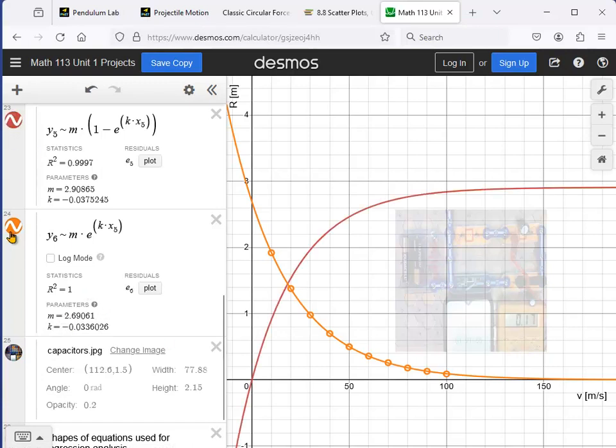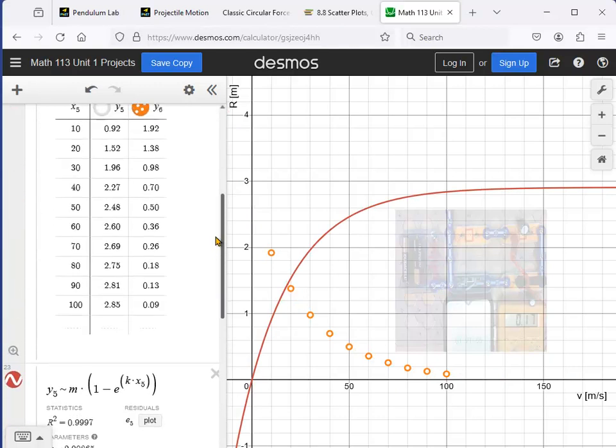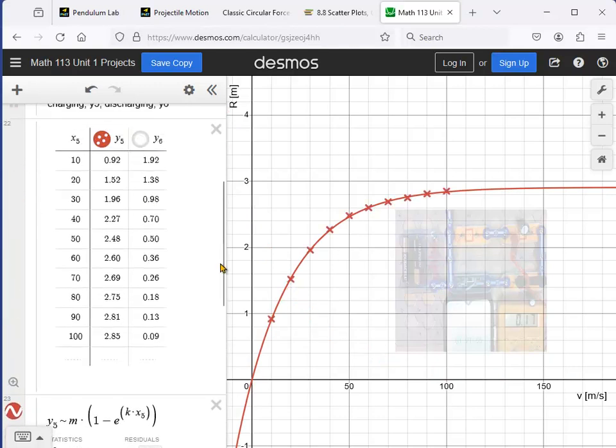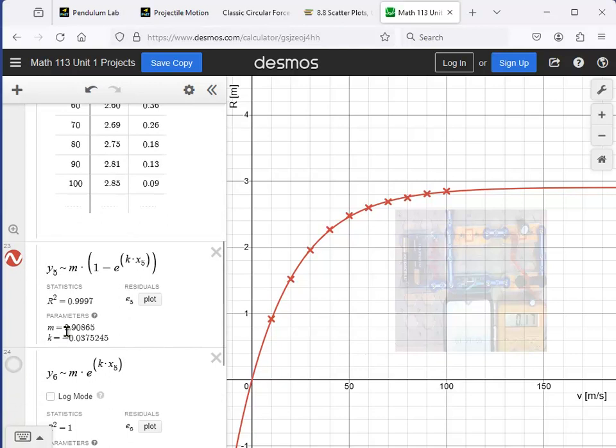For the other one, by the way, this one here, the 2.90 is actually kind of the battery voltage that we got. We had two AA batteries, and they ought to be 3.0, and I guess it was 2.9 volts actually. And notice this is also kind of an exponential curve, looks a little bit different, and it still approximates the data very well.